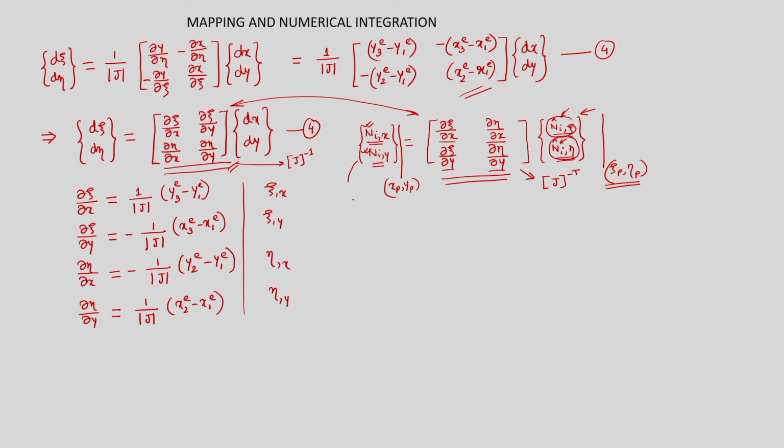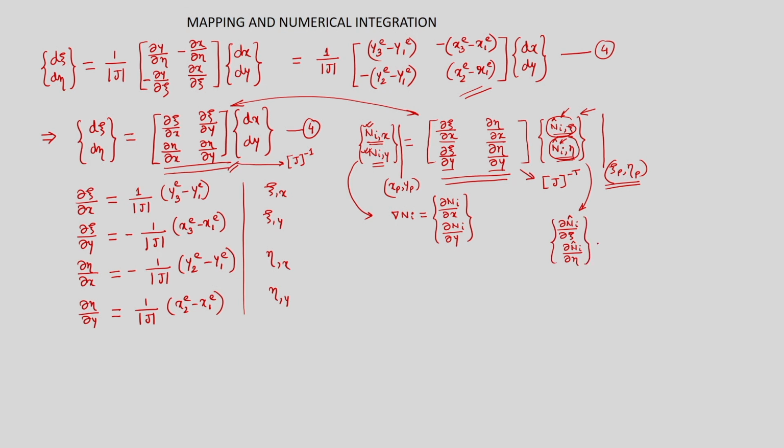Now, if I look at this vector, it is nothing but the gradient of Ni. This basically contains del Ni del x and del Ni del y. Alright. So, this is the gradient of Ni, whereas this one is the gradient of N̂i, but with respect to xi and eta.